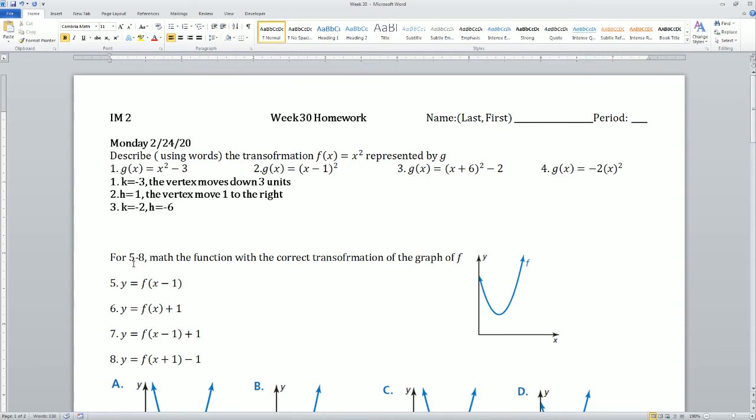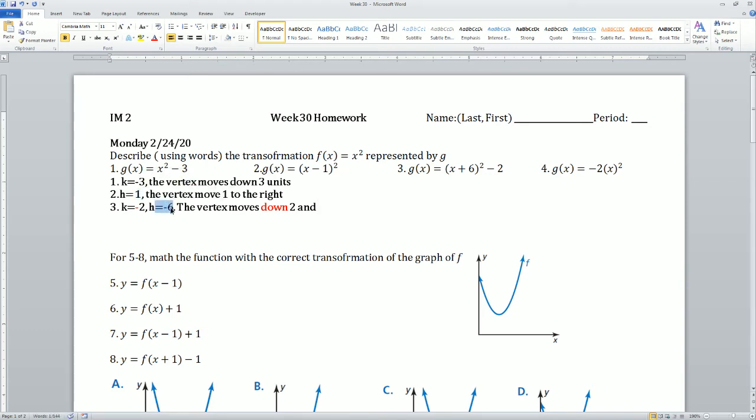So the vertex moves 2; it's negative, so it's going to be down 2. This is positive 1, so that's to the right.